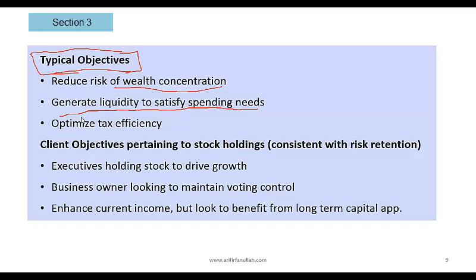At one point in time, even if he was an employee who was mandated or required to hold a large amount of company stock, now that he's retired, essentially we discussed in estate planning, we discussed longevity, we discussed core capital, we discussed the risk of running out of money to spend.